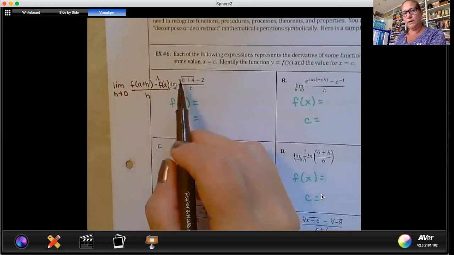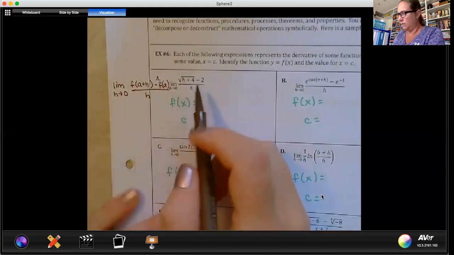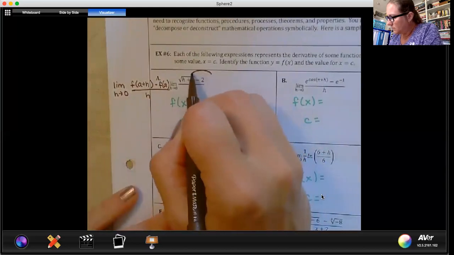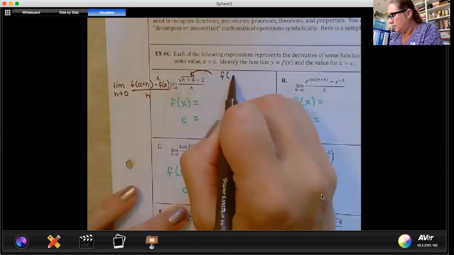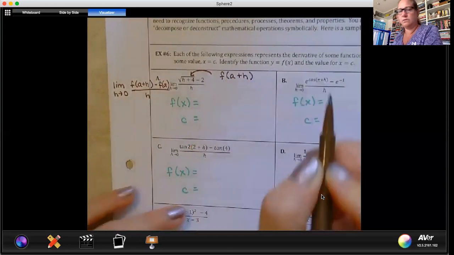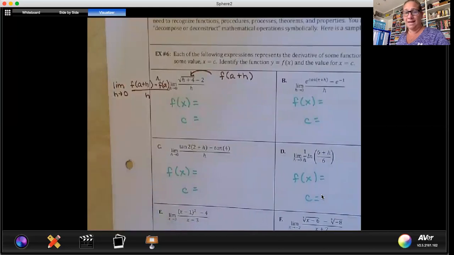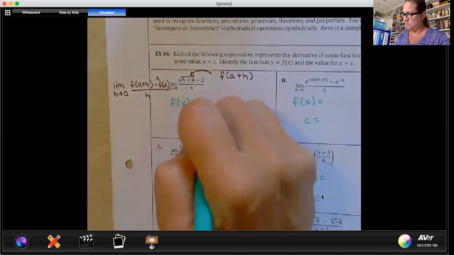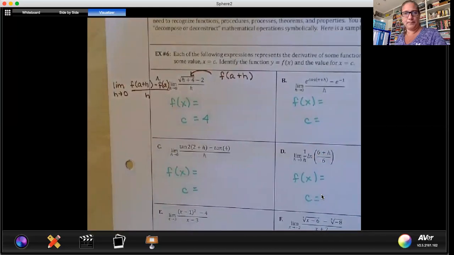So if the square root of h plus 4 is supposed to represent f of a plus h, then that means a, which is c, has to be 4.